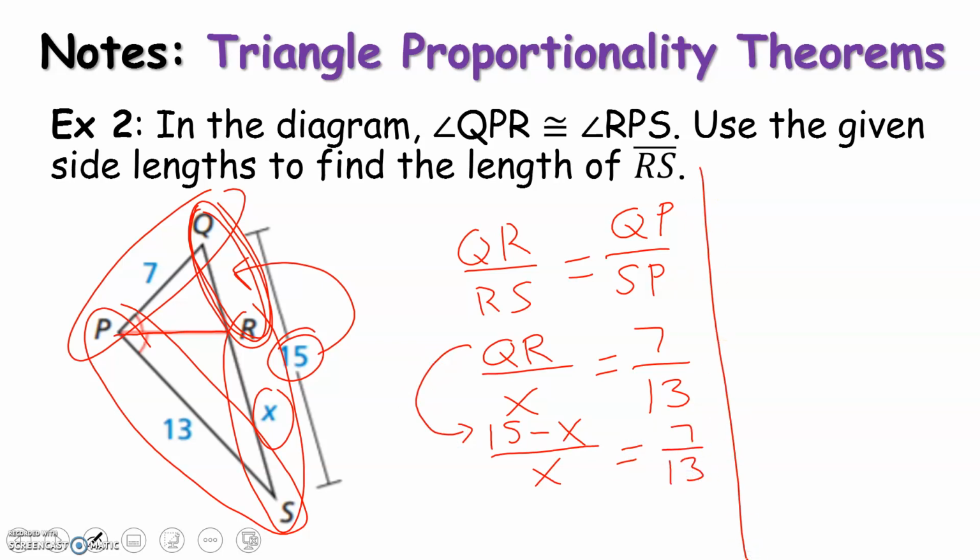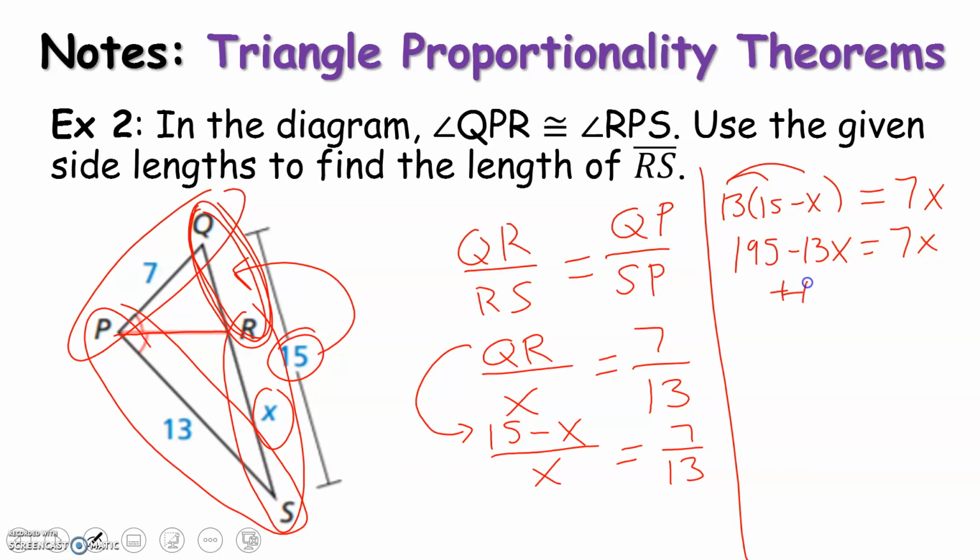Cross multiplying, this becomes 13 times 15 minus X is equal to 7X. We're going to do a little algebra here. We'll start with the distributive property. 13 times 15 is 195, minus 13 times X is 13X.